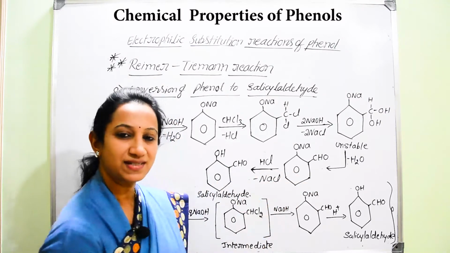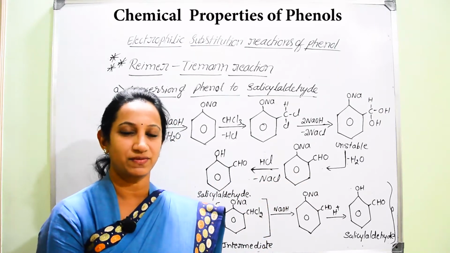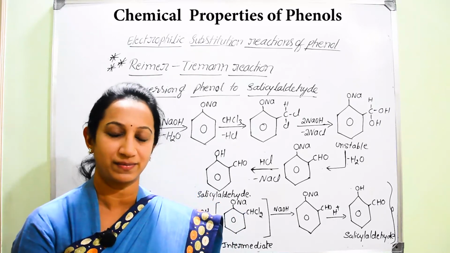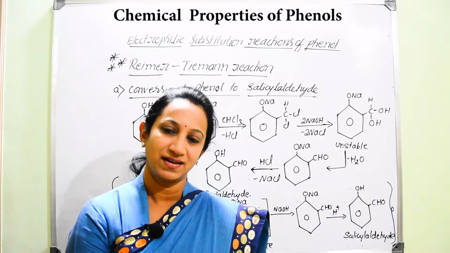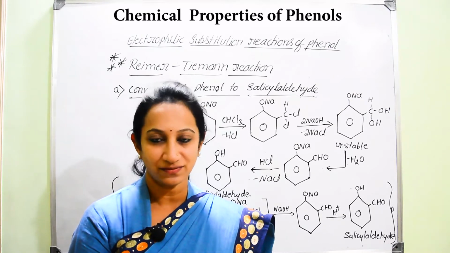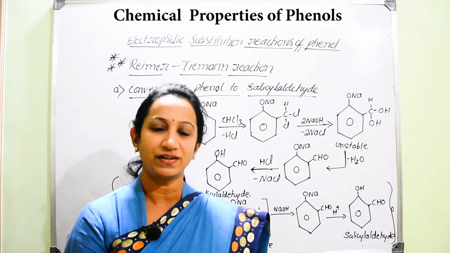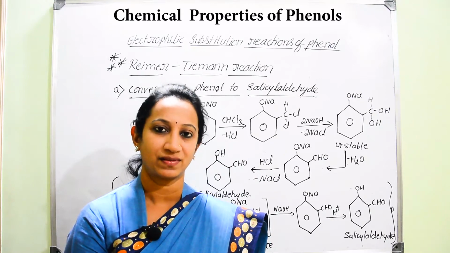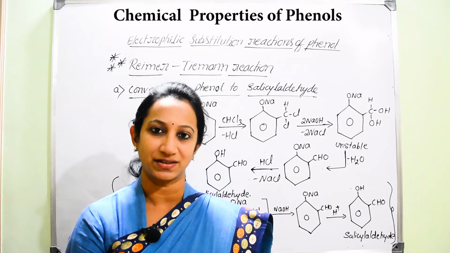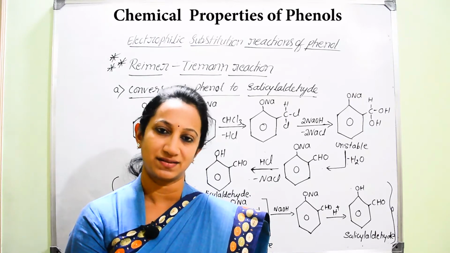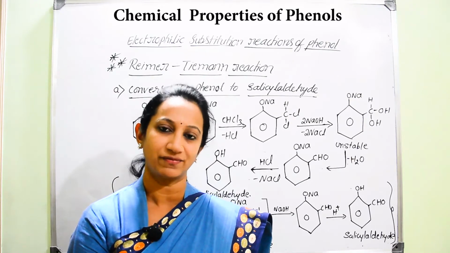Phenol into salicylaldehyde. It is one of the most important questions from the examination point of view. They can directly raise the question like this: explain Reimer-Tiemann's reaction for the conversion of phenol to salicylaldehyde. Then you should remember the reagents. Which are those reagents required for this?